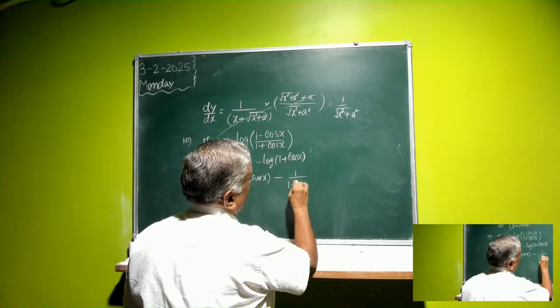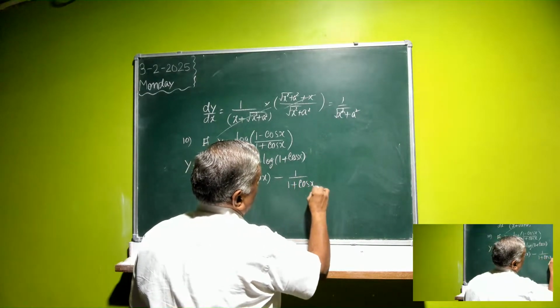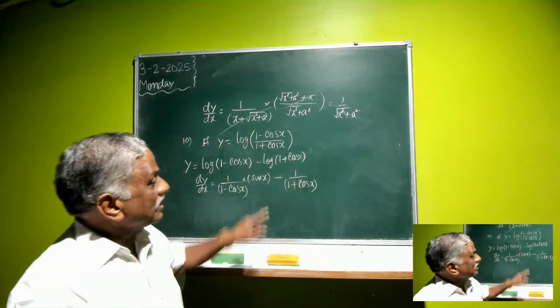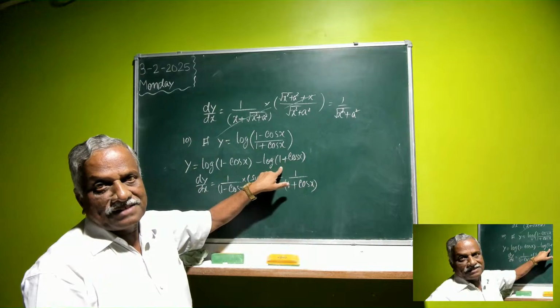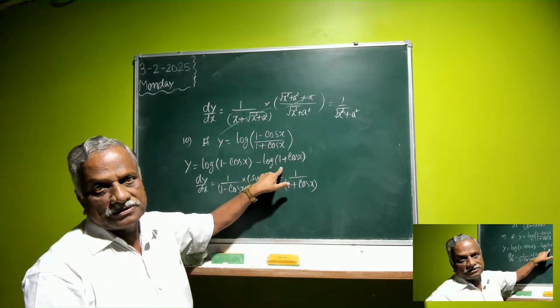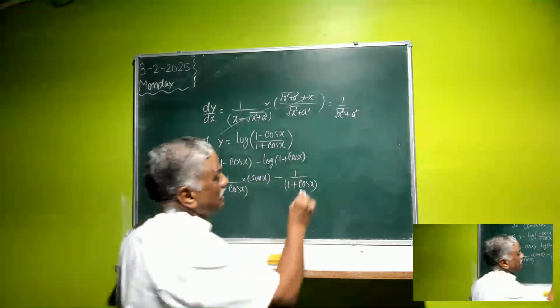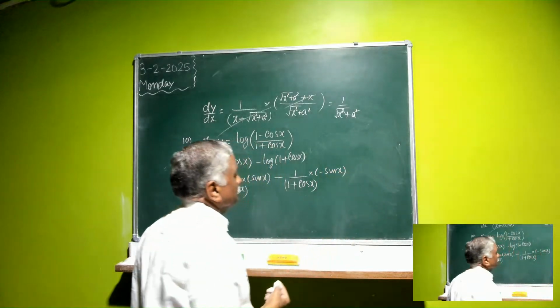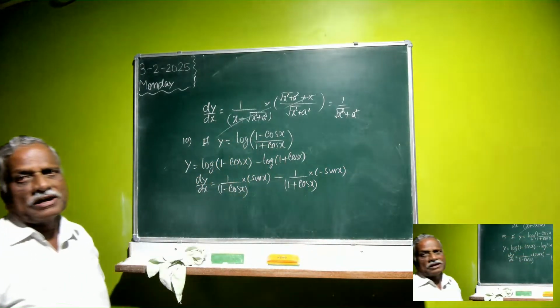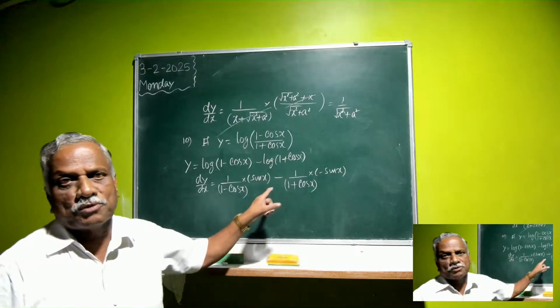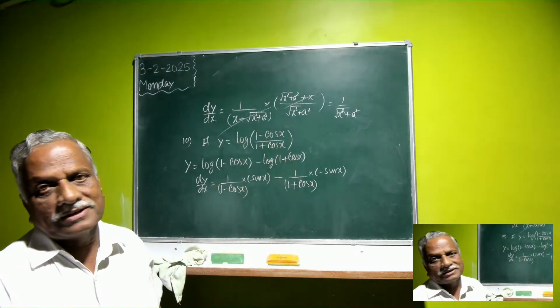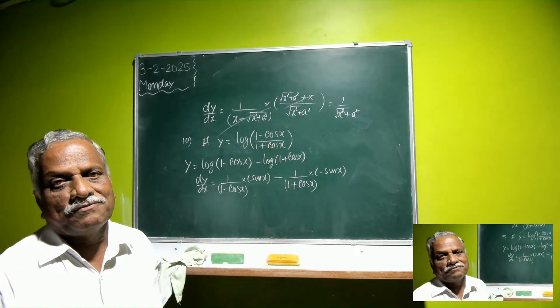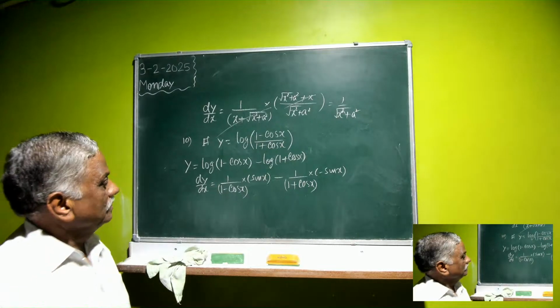Minus is the minus sign. Again, same procedure. Log gives 1 over (1 plus cos x). So first I differentiate log and then the inside: 1 is 0, cos x is minus sin x, so this is minus sin x. We could have left it here, but that is not possible because we have to prove that. Again, what is required? You should be good in algebra.